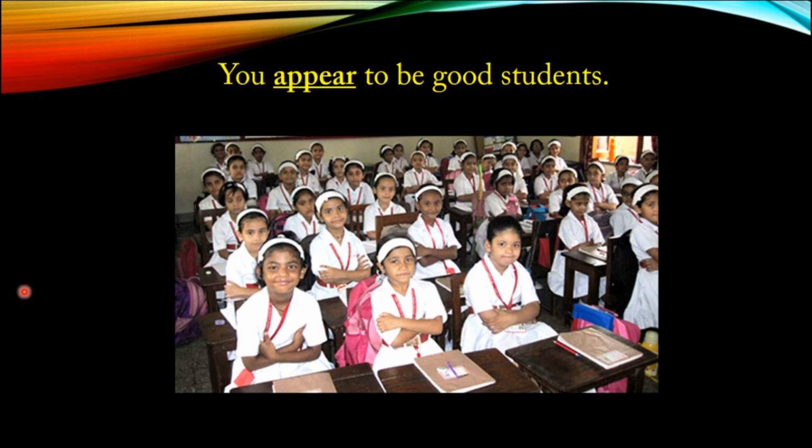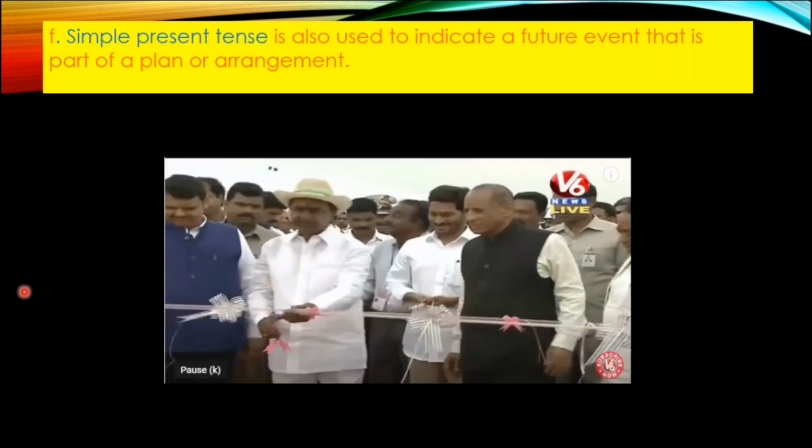I think you understand. Next, simple present tense is also used to indicate a future event that is part of a plan or arrangement. Suppose, students, some of our future plans are already pre-planned. Such kind of plans are called pre-planned future actions.